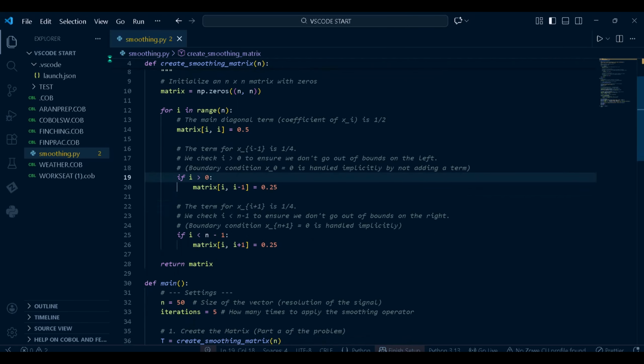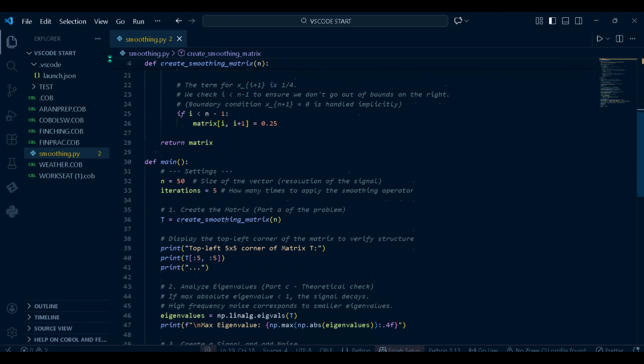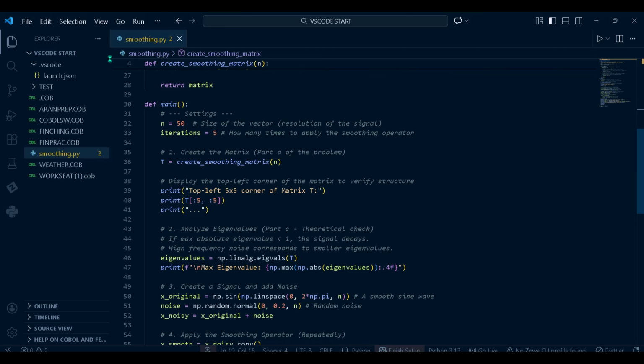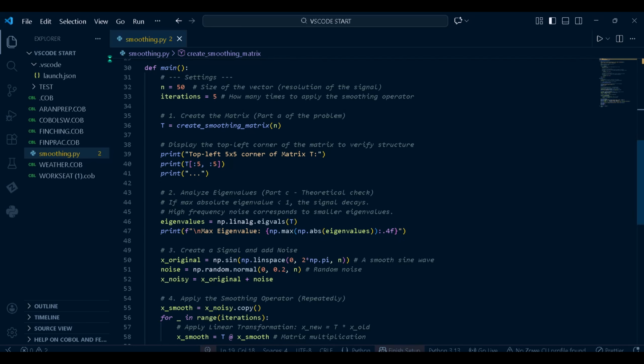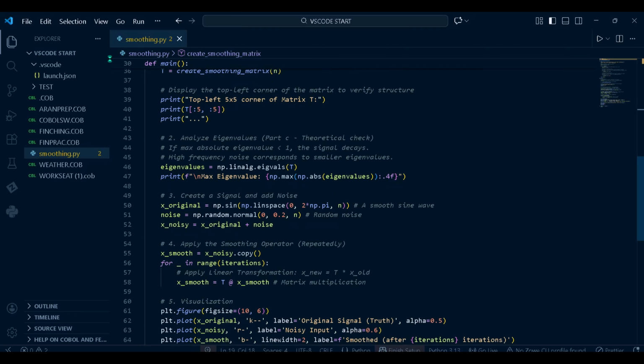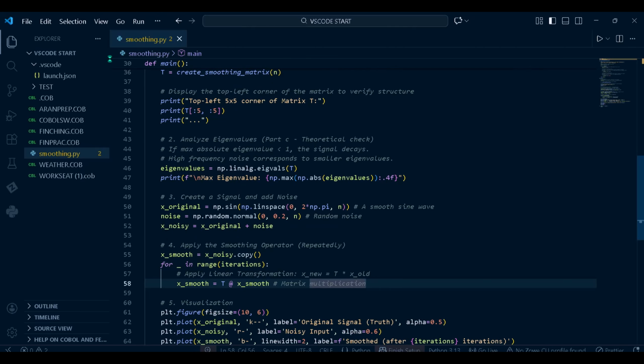If we scroll down, we're going to see the main function. To simulate the smoothing, I create a noise signal and then run this in a loop. So here is the loop. Inside the loop, I multiply our matrix T by the signal vector.